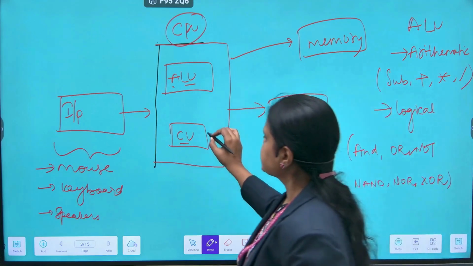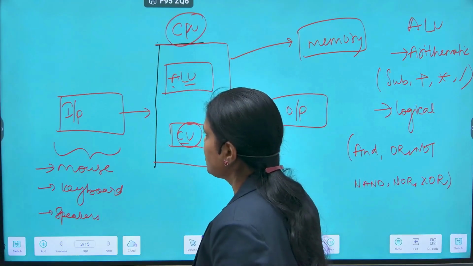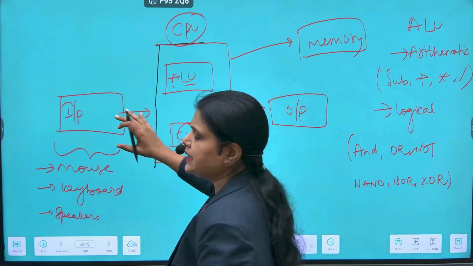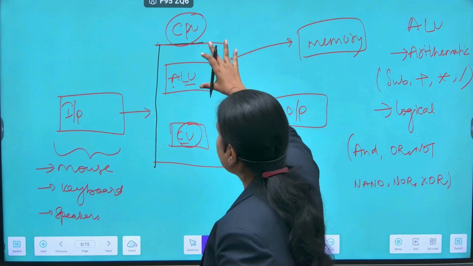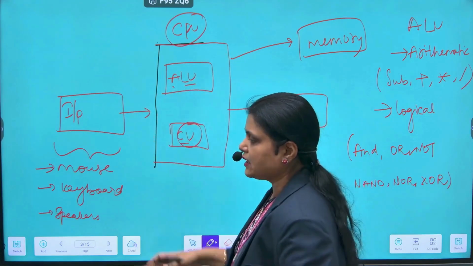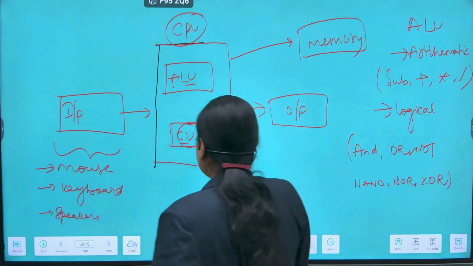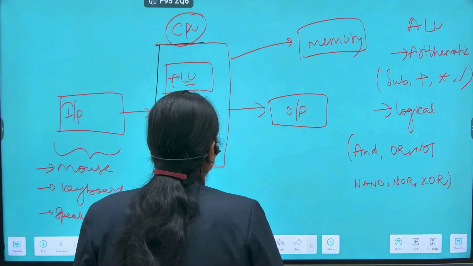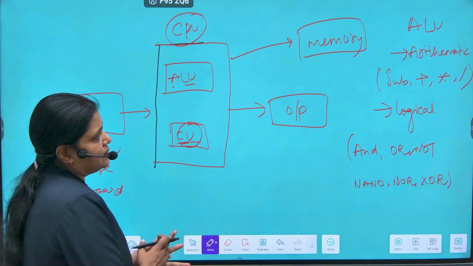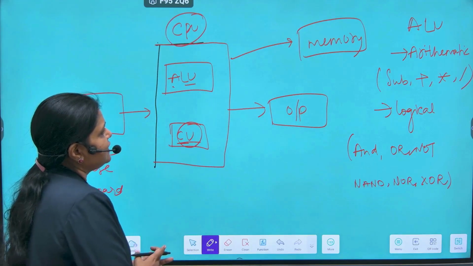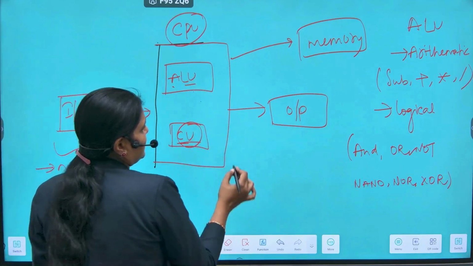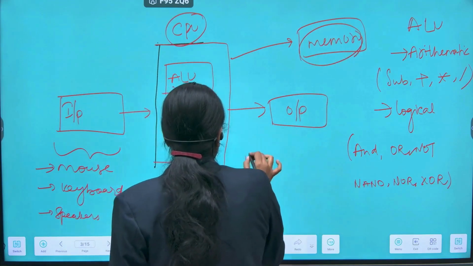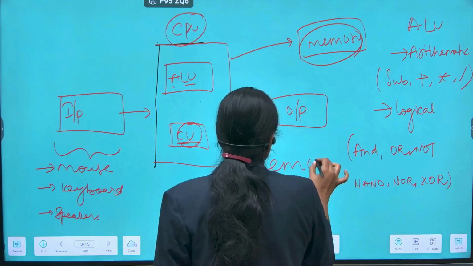And the control unit controls the operation of the complete computer. Not only the ALU and CPU, it controls the operation of the computer as a whole. The control unit also plays a major role in processing the instructions. One more important thing is memory.